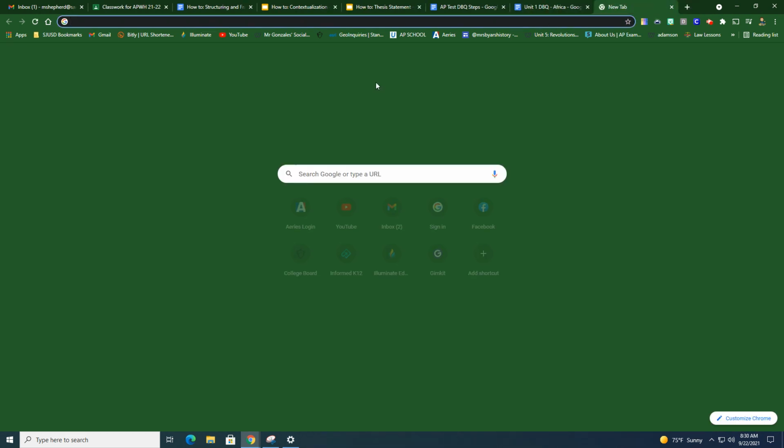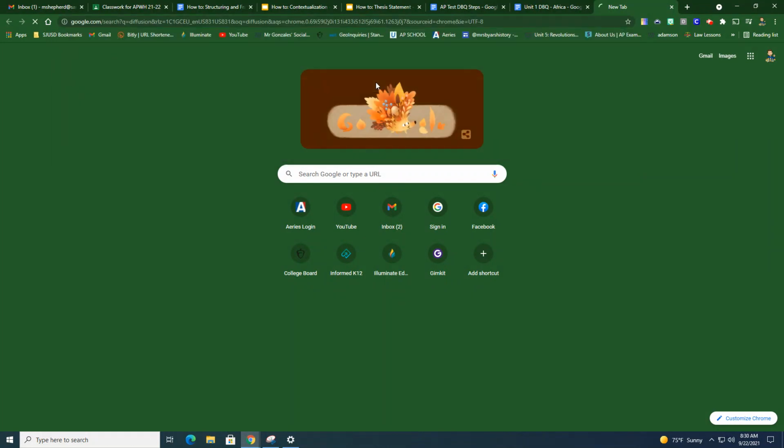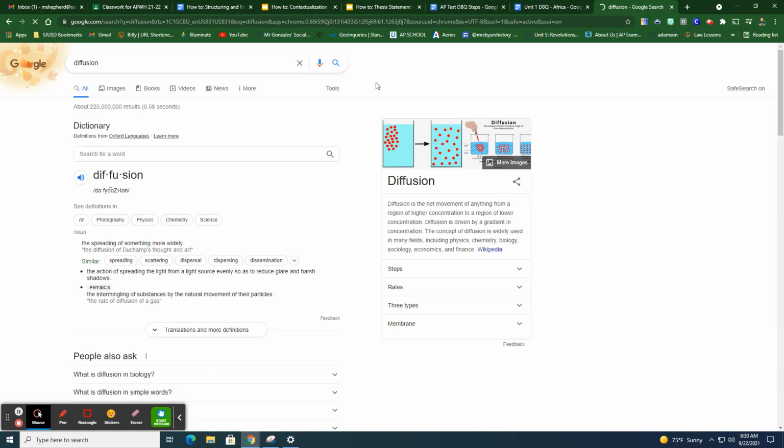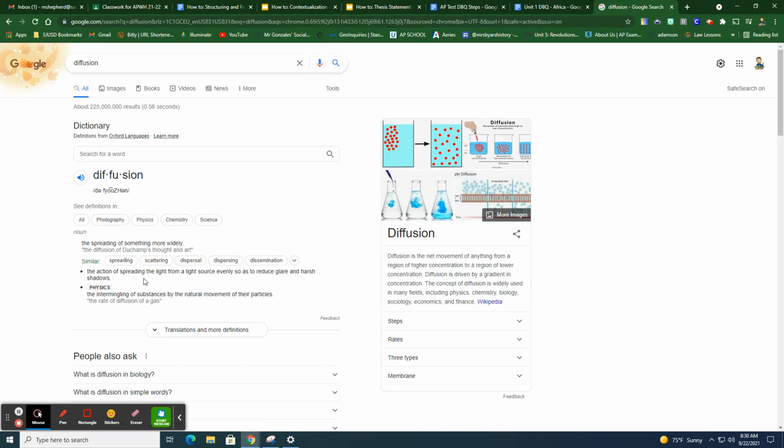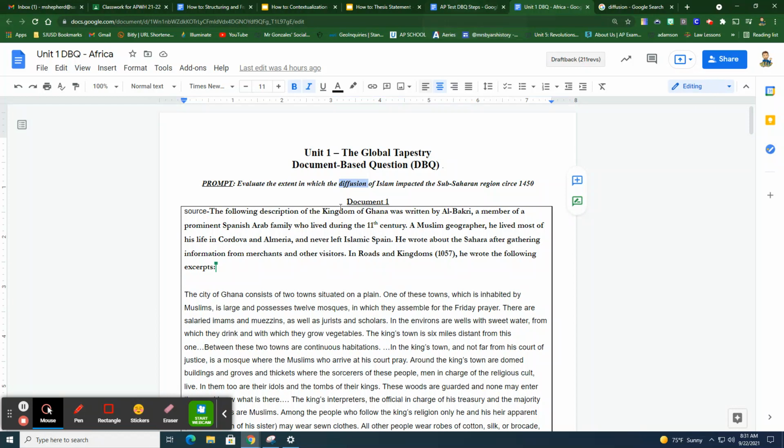Again, if we Google diffusion, let's Google it. Literally means the spread of something, okay? The spreading of something more widely, the action of spreading culture, society, belief systems, right? So, how much did the spread of Islam impact the sub-Saharan region? Now, we have a specific region, and circa means around, so around 1450.